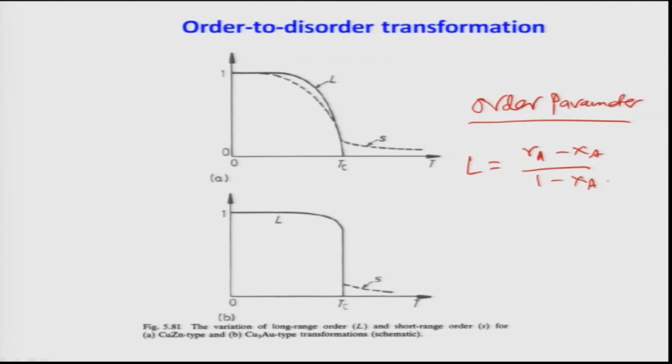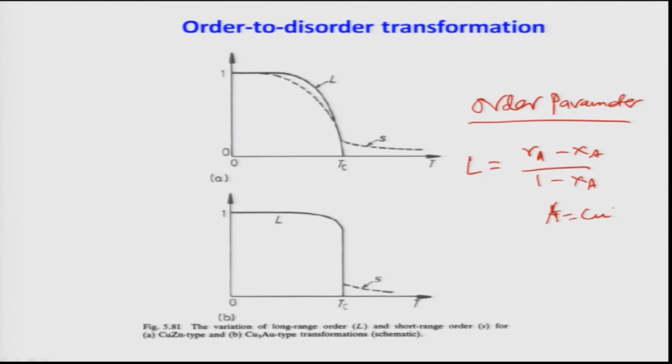Here X_A is the mole fraction of element A in the alloy, and R_A is the fraction of sites which are occupied by A type atoms. Let us consider A as a gold atom. In Cu3Au structures, gold atoms are sitting on the corner positions.